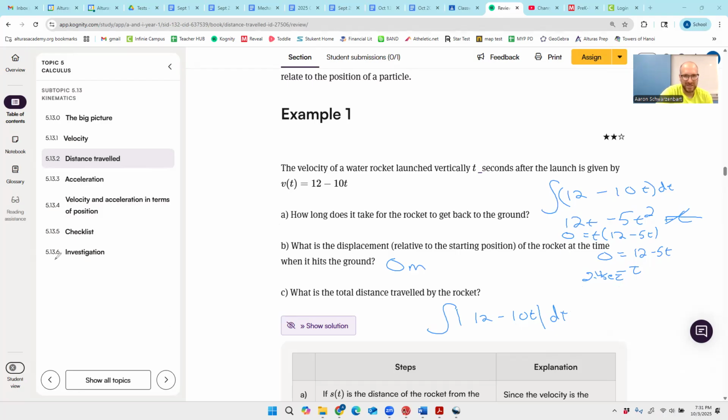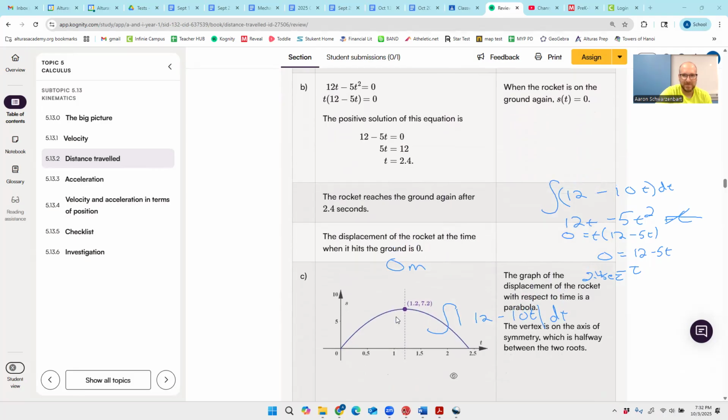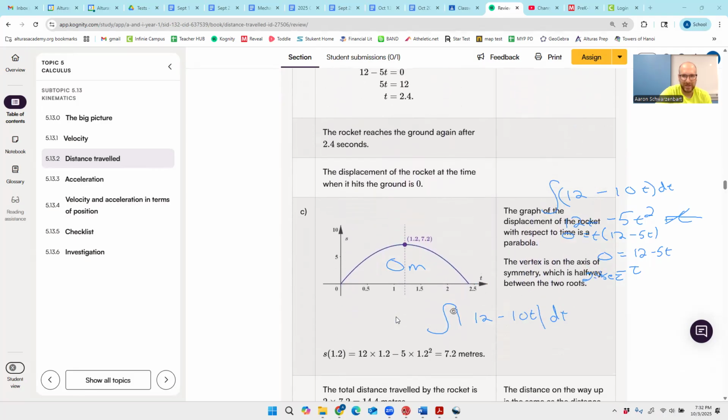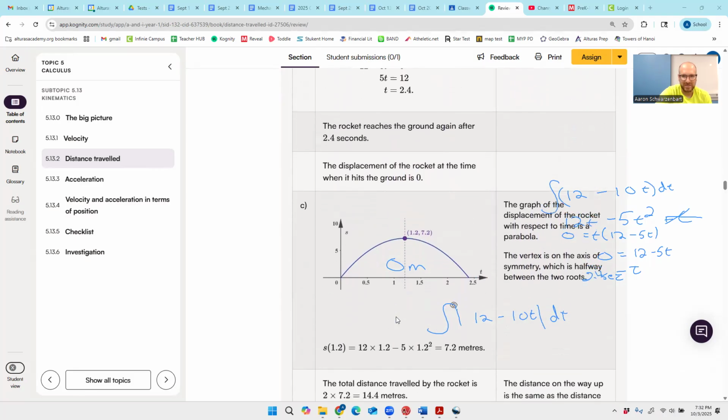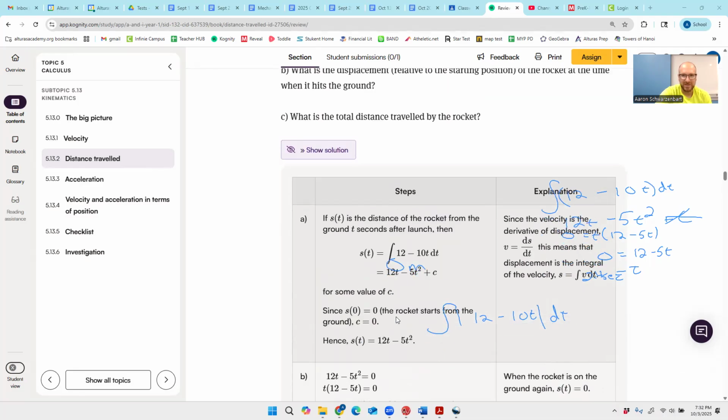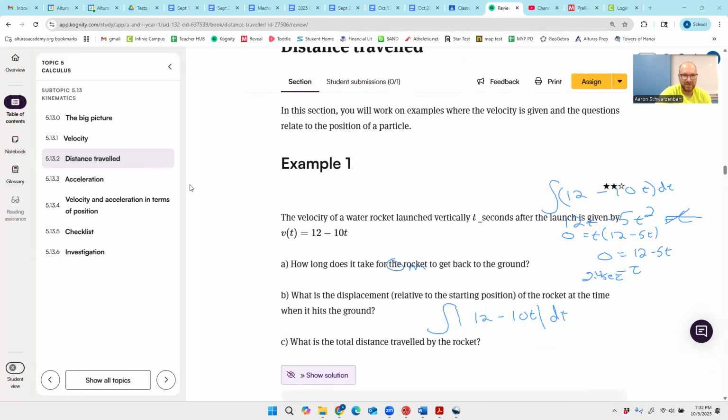If you look at their example, they did the halfway, plugged it in, got 7.2 and doubled it. I'm going to do the calculator method to show that method as well.